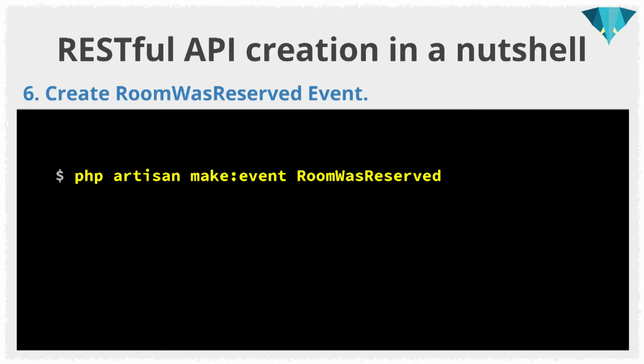Once the command is sent on the command bus, we want to fire an event. This syntax is a tiny bit different: php artisan make:event RoomWasReserved. So here we have the name of the event.